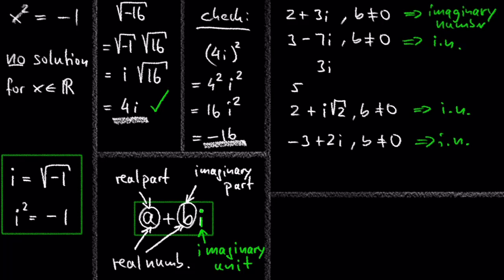An imaginary number in the form bi is called a pure imaginary number.